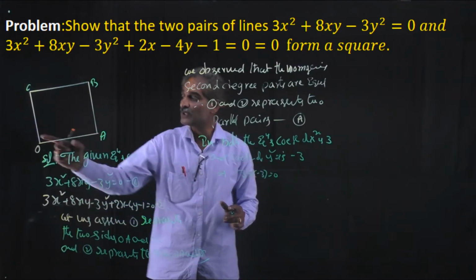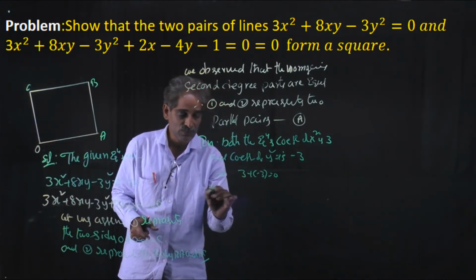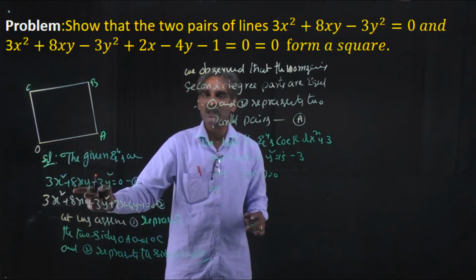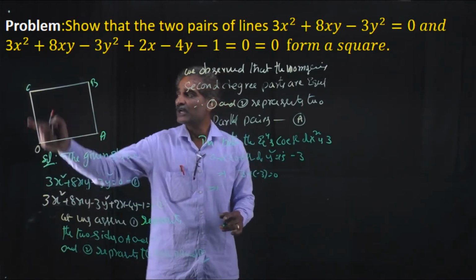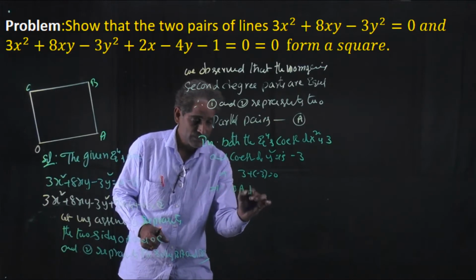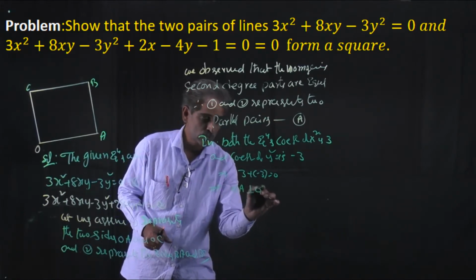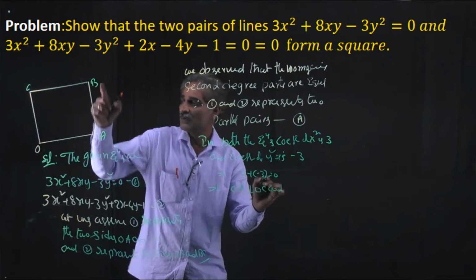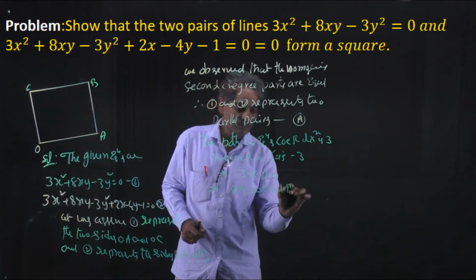Already 1 represents the two sides OA and OC. This implies coefficient of x square plus coefficient of y square is 0, which means the angle between OA and OC is 90. This implies OA is perpendicular to OC and BA is perpendicular to BC.